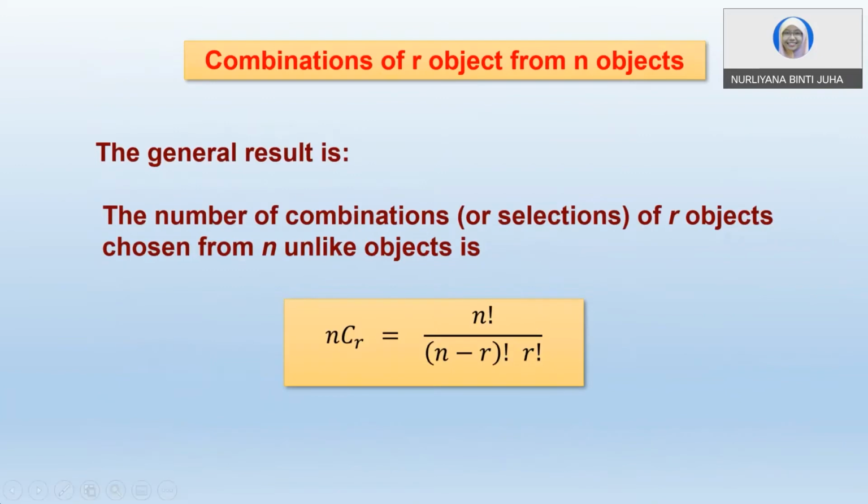So combination of r objects from n objects. Maksudnya daripada keseluruhan kita ada n objects, we just choose or we just pick r objects. Okay. The general result is the number of combinations, atau kata lainnya selections of r objects chosen from n unlike objects is this one.